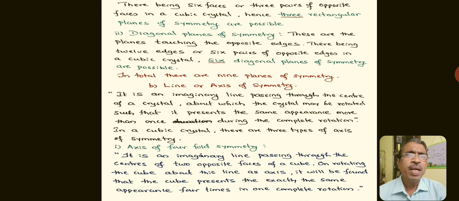The diagonal planes of symmetry are the planes touching the opposite edges. There being 12 edges or 6 pairs of opposite edges in a cubic crystal, 6 diagonal planes of symmetry are possible. In total, there are 9 planes of symmetry.